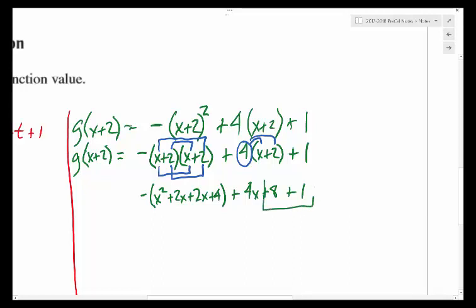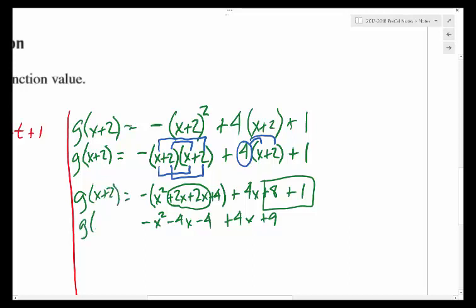These two can combine like terms to be 9. And I'm going to distribute my negative through. Those two become plus 4x, so now they're minus 4x, minus 4, plus 4x, plus 9. Okay? Combine like terms, those two and those two.